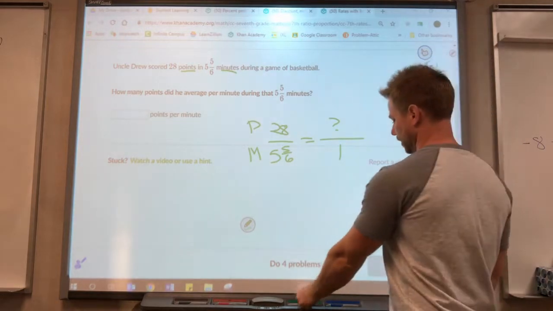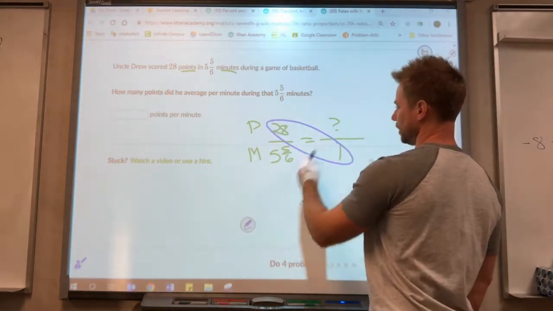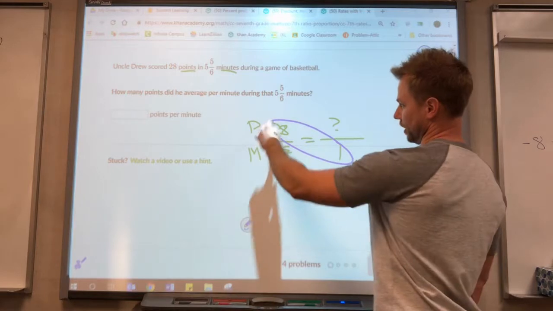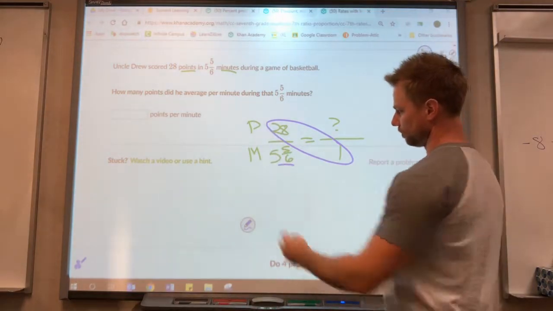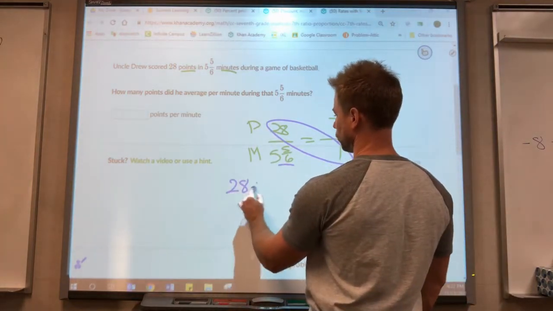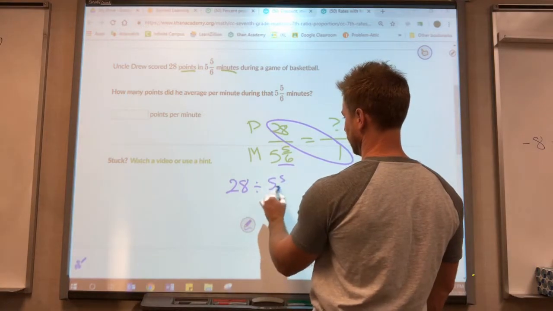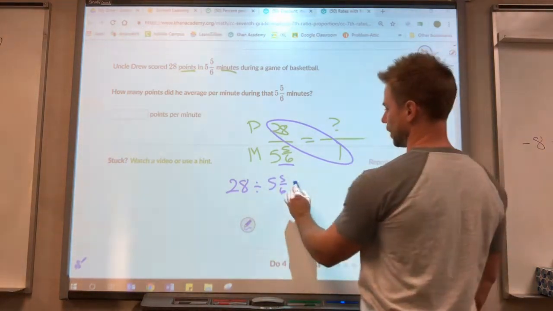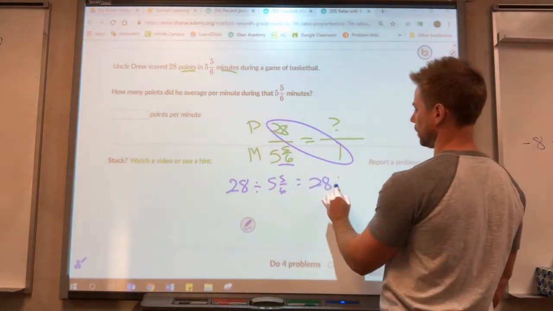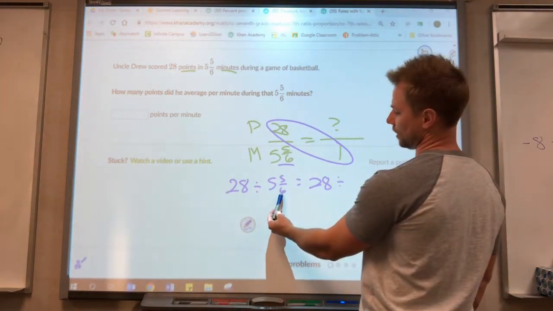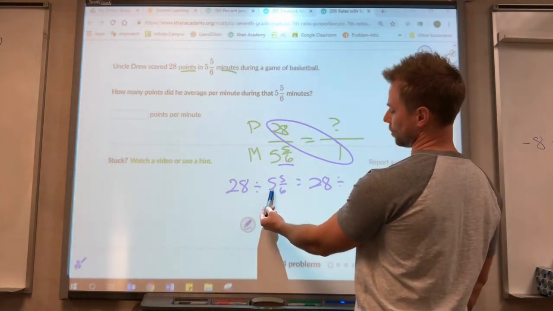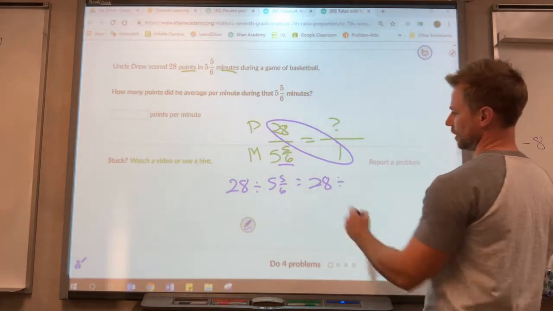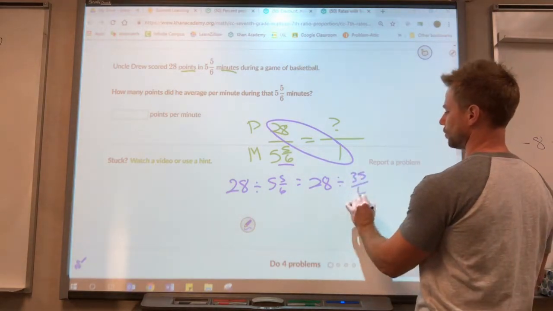Okay, I can think of cross multiplying and dividing, or I can just think of dividing these two numbers. So 28 divided by 5 5/6. I'm going to rock around the clock. That's 28 divided by 6 times 5 is 30, plus 5 is 35 over 6.